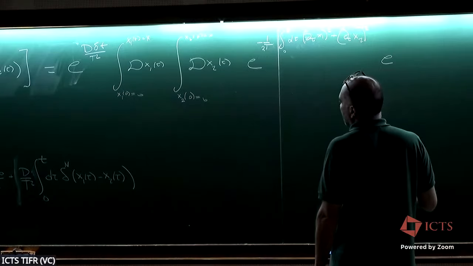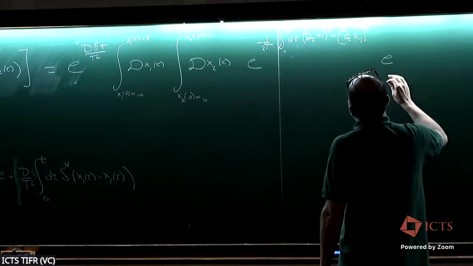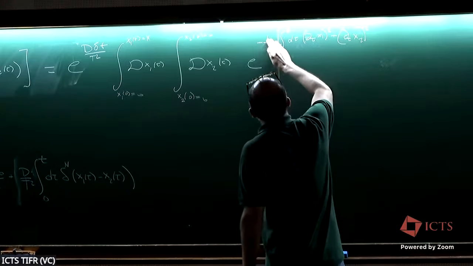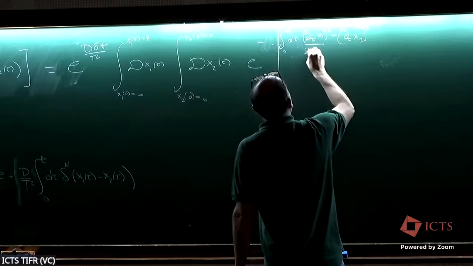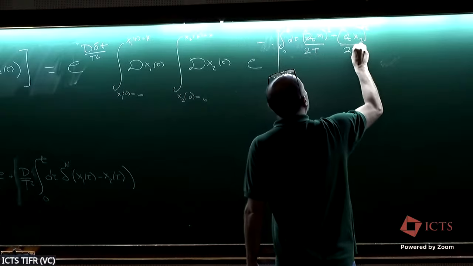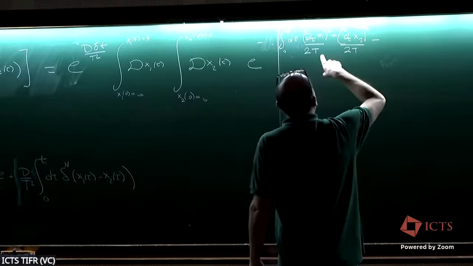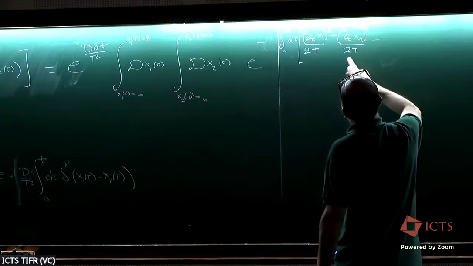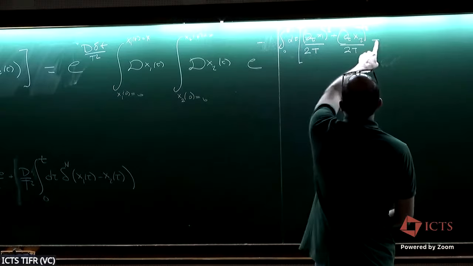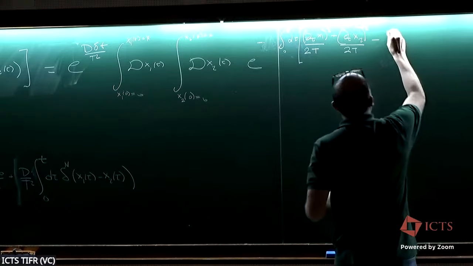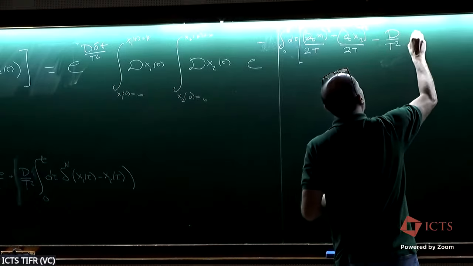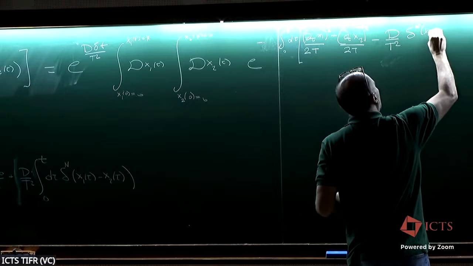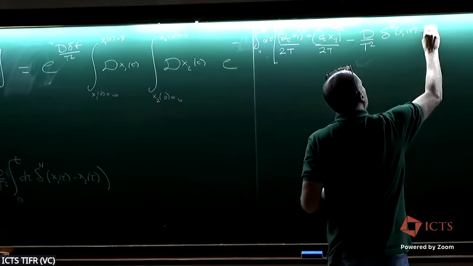Maybe it's nice to write it here. So let's do like this. We have a minus. Here is 2 over t, 2 over t. And here we have a potential part, which has a sign minus, because there is a minus here. In order to have the plus, I have a minus here. And so this potential part is dt squared delta of n x1 tau minus x2 tau.